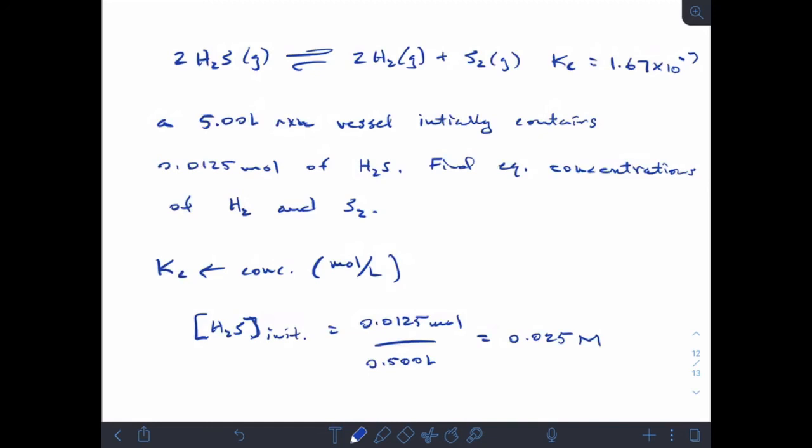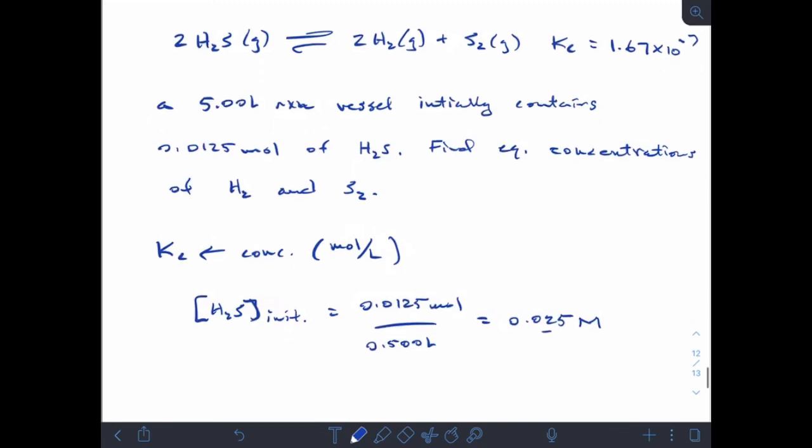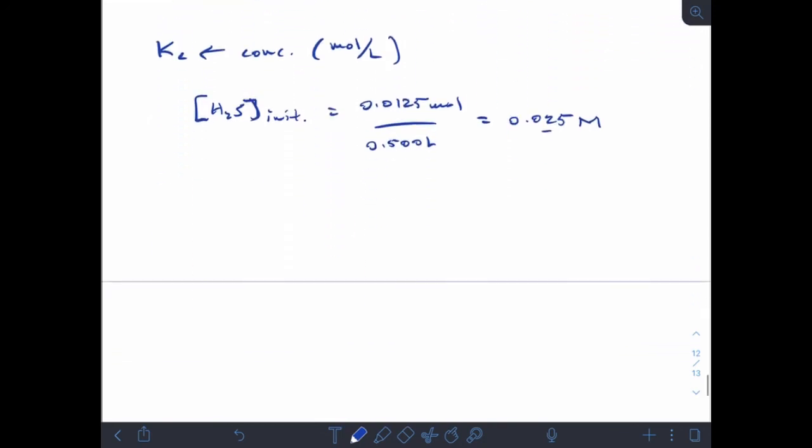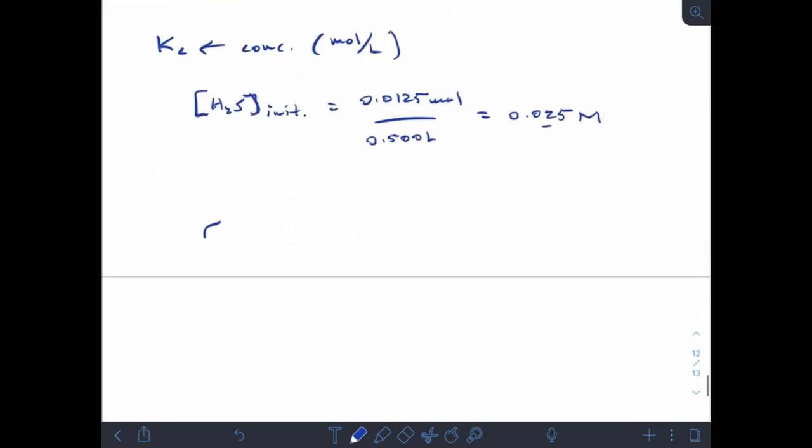And really, if I were being careful with sig figs, I should be saying just 0.03, but we're going to keep some extra digits because that's not our final answer. Okay? So we need an ICE table because we're asked to find equilibrium concentrations: H2S, H2, and S2.